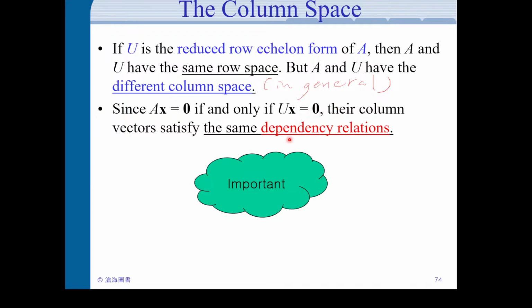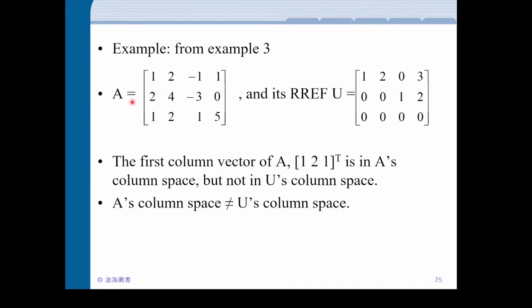Okay. Let's see those two statements in the previous example we have. We have that our A is this and U is this. We see that the column space of A and the column space of U are different, quite trivially, because the columns of U all have 0 in the last coordinate.